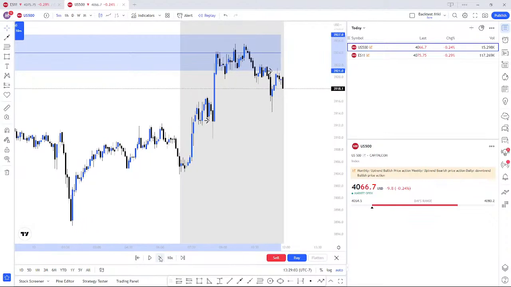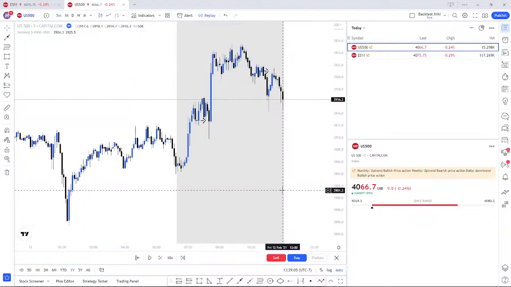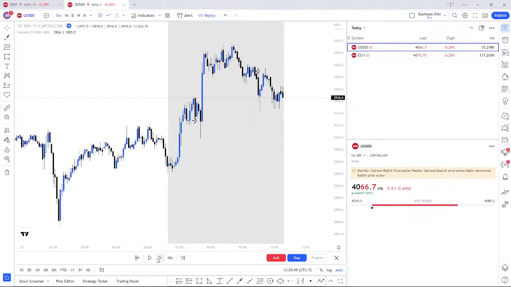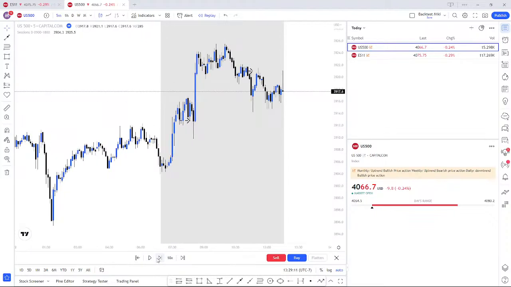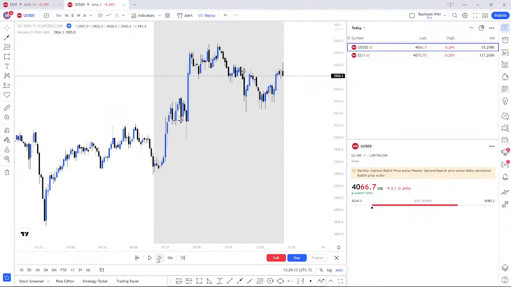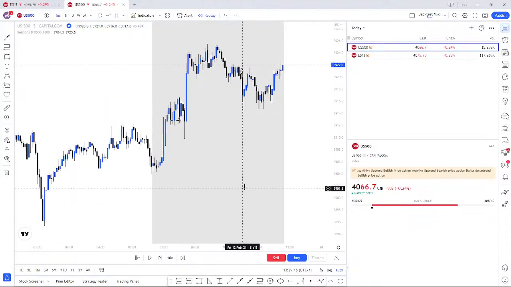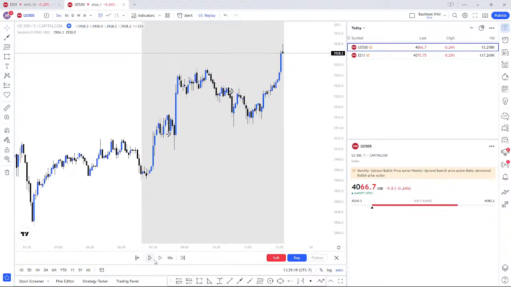We didn't quite break even on the long yet. This is what, 12 o'clock. Interesting. That was what, 1305. Not pull back up. Not a bad idea to get out, given that this bounce is happening.